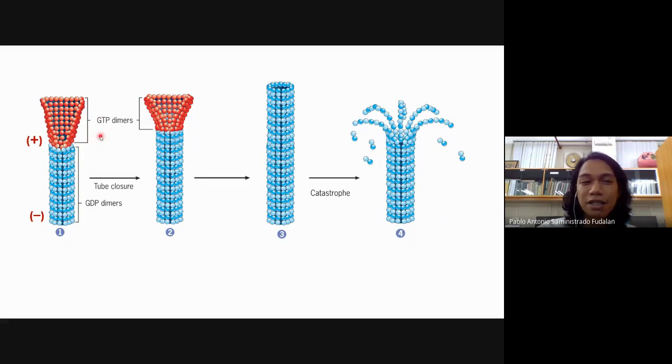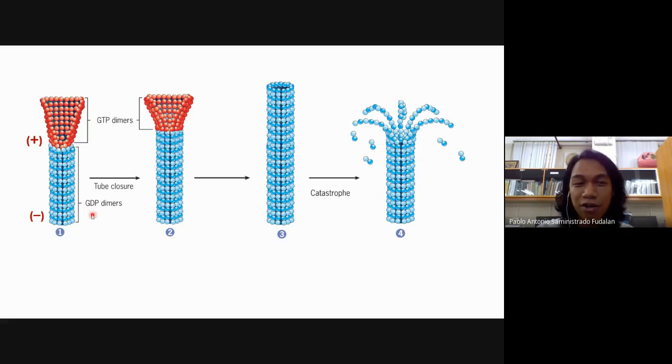We see here in this illustration that these red portions are alpha-beta tubulins. They still have their GTPs. But as they are incorporated in the growing tubulin, they close. Then they are color coded blue. What does this blue color mean?